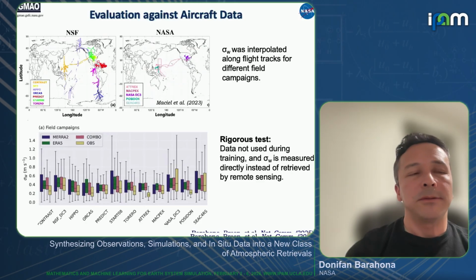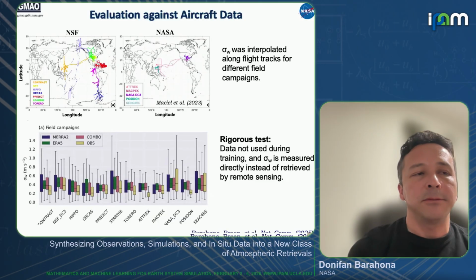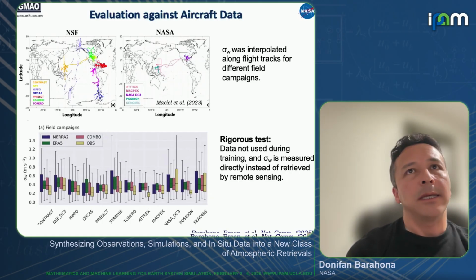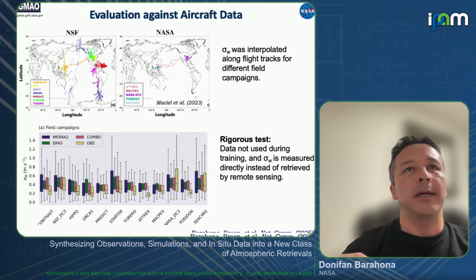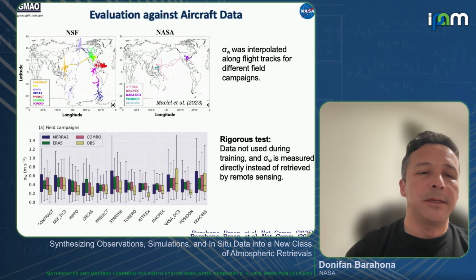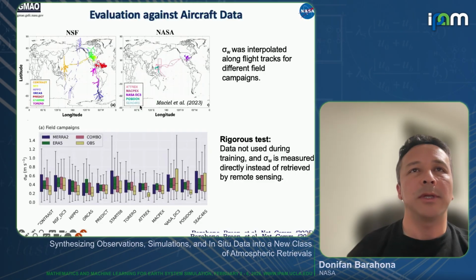The next thing that we have to do, of course, was to validate this. We cannot just trust our own data, and we cannot just trust our own process to say that we have a good product. So the next thing we did was we got in touch with Hugh Diao at San Francisco State University, and what they have done is collecting this, and here students collected a lot of sigma W values of these observations from different field campaigns that have happened over the last probably 10, 20 years.